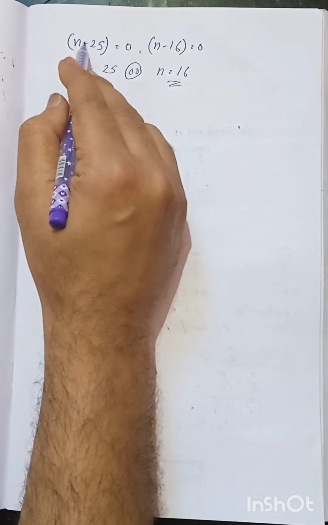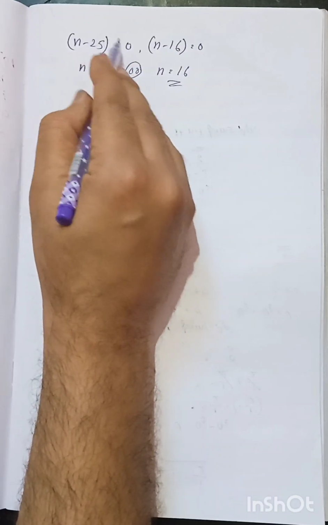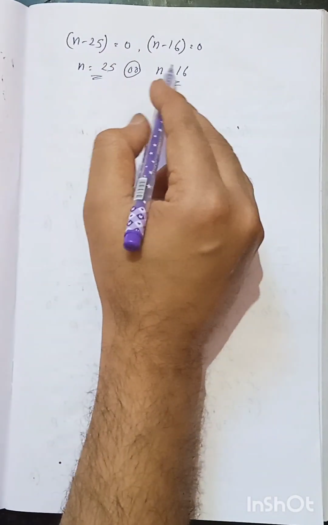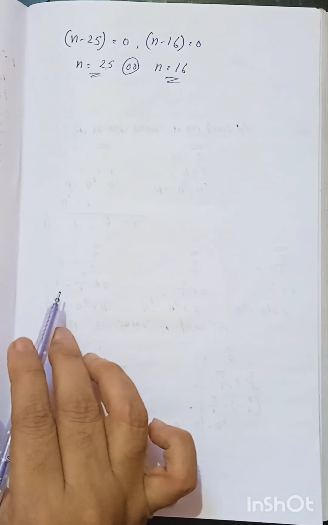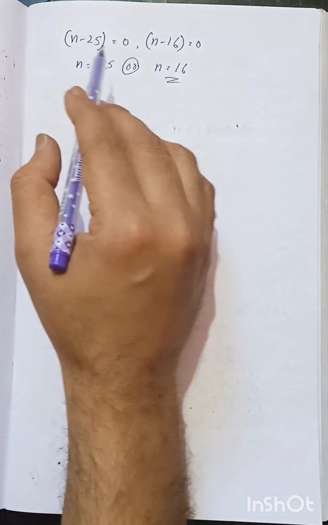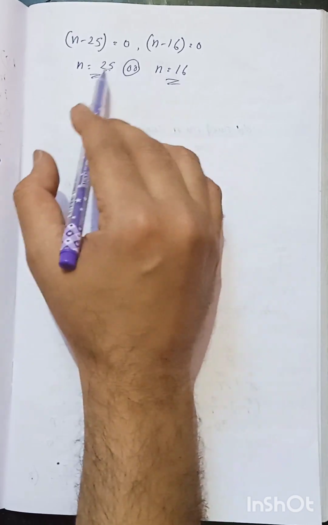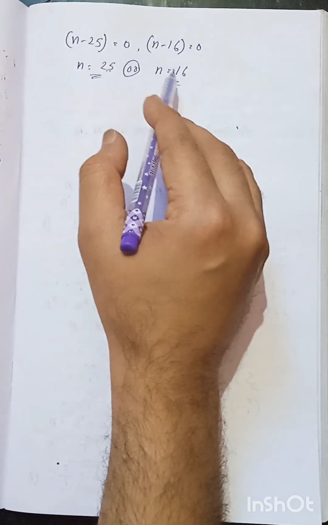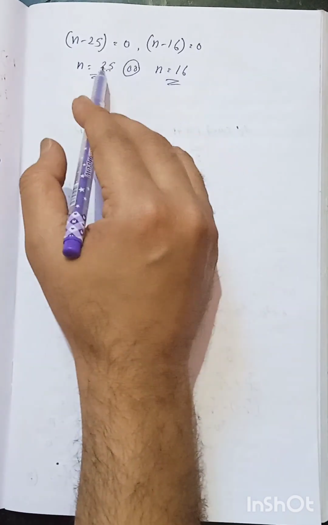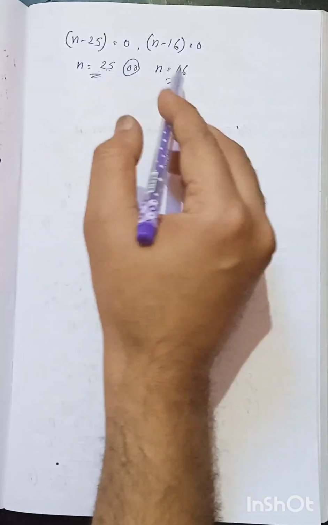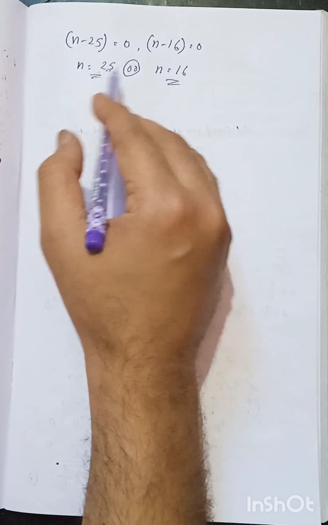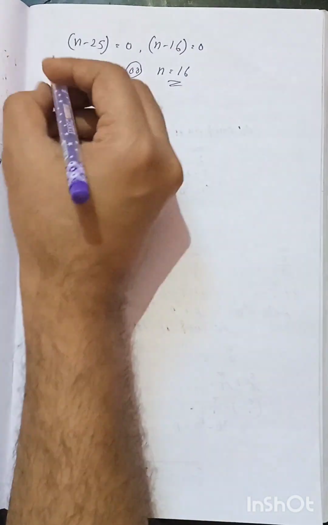I just bring 25 here after the equals, so it is plus 25 and plus 16. Here we got both positive values. Now we have to check which one is the correct answer by applying the formula. If one of them is negative, then we can easily select the positive number, but here both are positive numbers, so we have to check both the numbers by applying the formula.